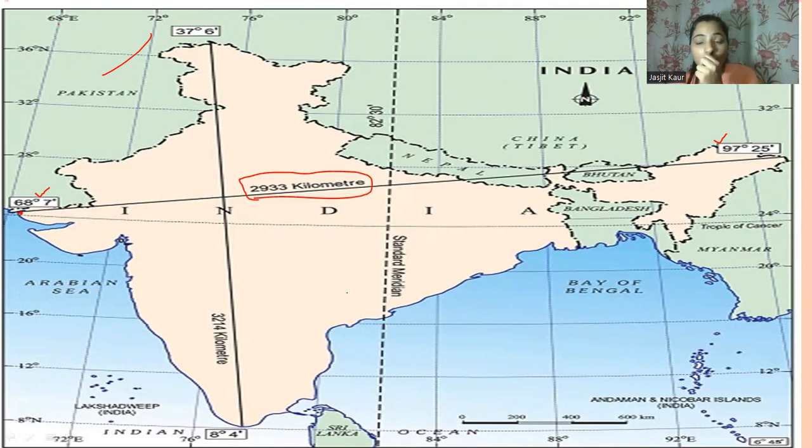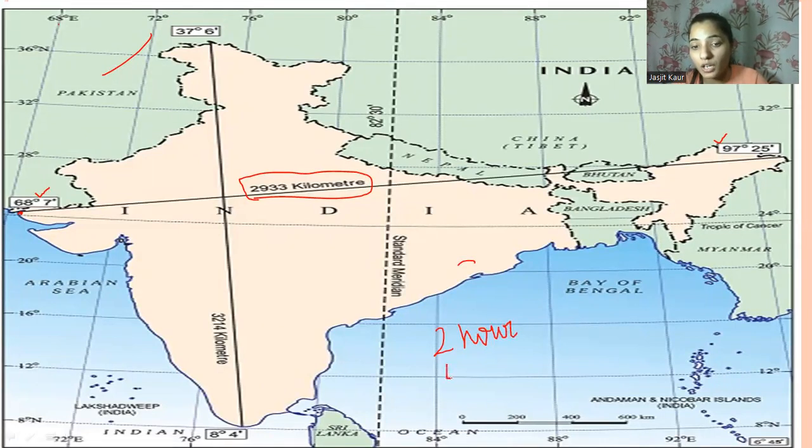As we can see, because of the longitudinal extent, Arunachal Pradesh is located at the eastern end, whereas Gujarat is located at the western end. So there is a 2 hour time difference between both the states.